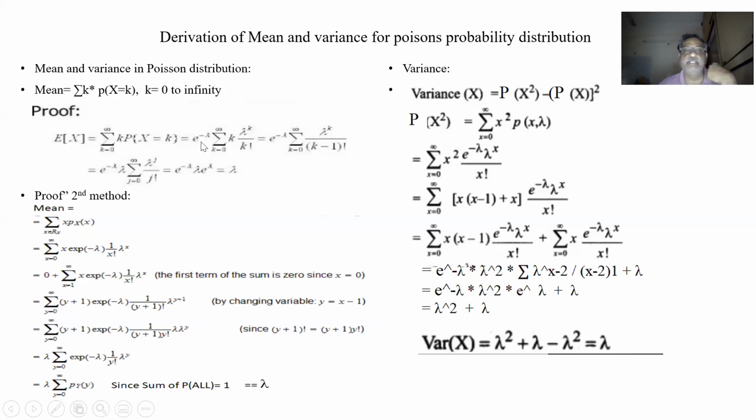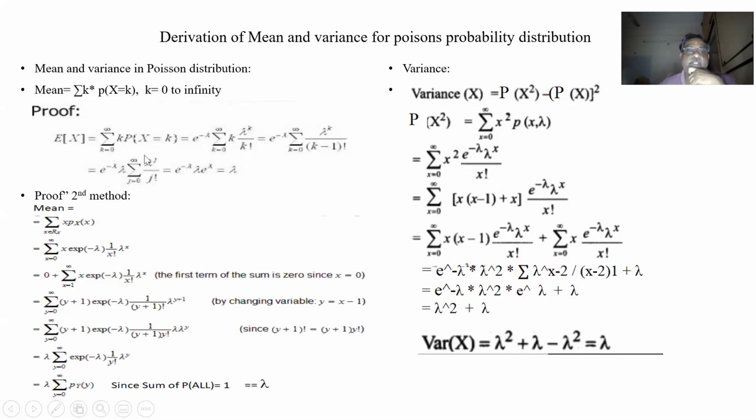Lambda is a fixed parameter, so I have taken this out. Only k is varying. So if I take k out, it will become (k minus 1) factorial. So I'll write lambda into lambda to the power of k minus 1. So I'm taking lambda also out: e to the power of minus lambda into lambda to the power of k minus 1 by (k minus 1) factorial. So when I convert it into j, k as j, this becomes again the e to the power of lambda series.